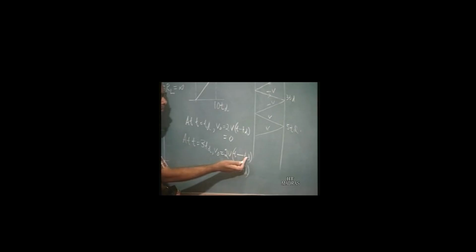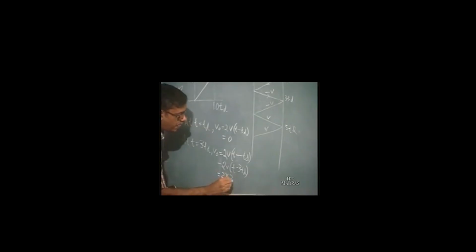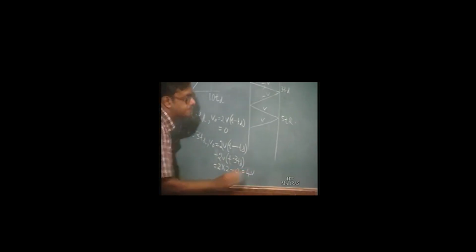Now V(T minus TD), now it is 3 TD. So what was the voltage at T equal to twice TD? From the ramp we can see that at T is equal to twice TD, the voltage is 2 volts. So we can write it as 2 into 2 minus V(T minus 3 TD), which at T is equal to 3 TD is 0. So you have 4 volts.